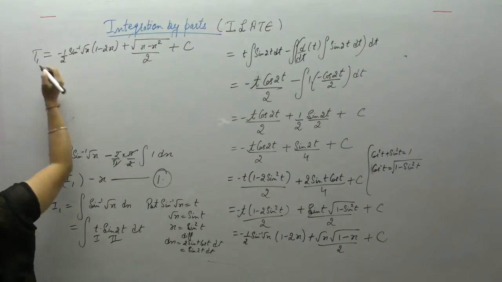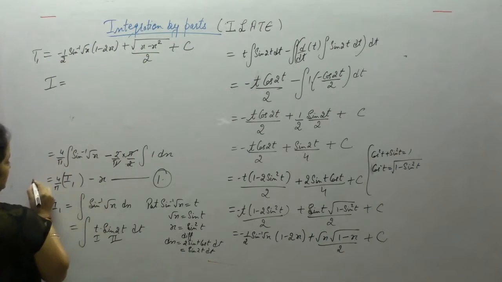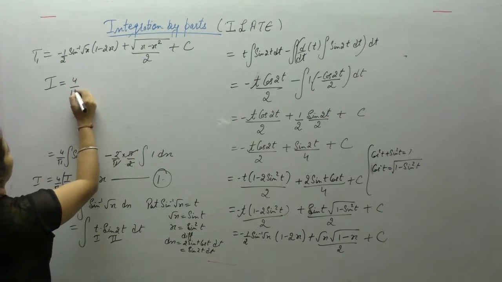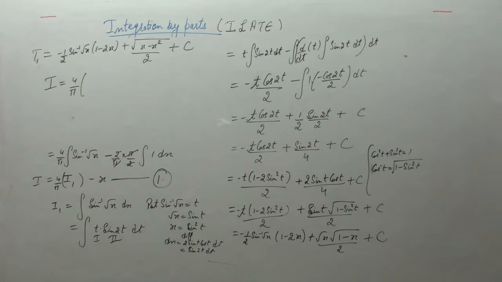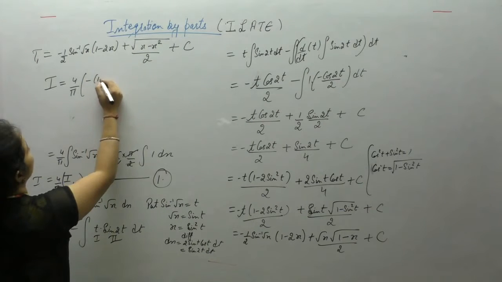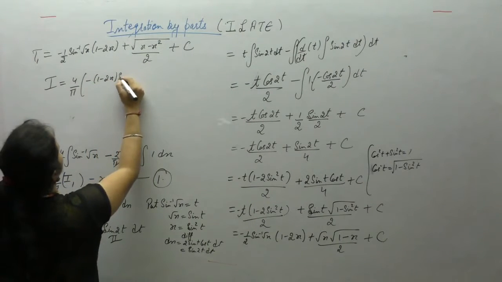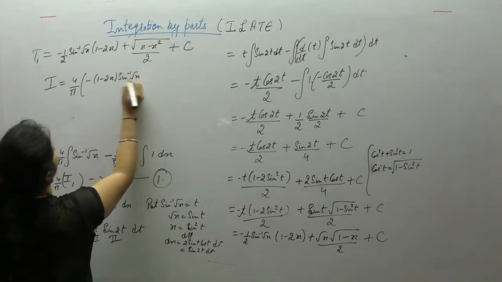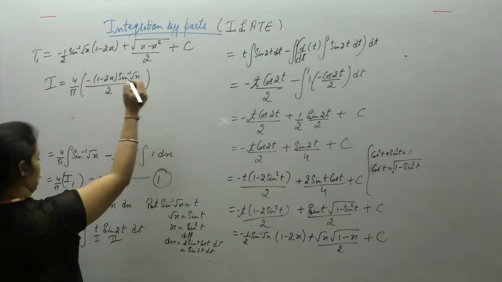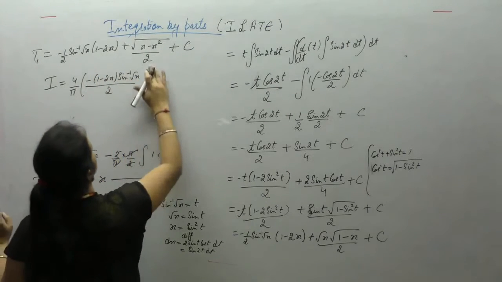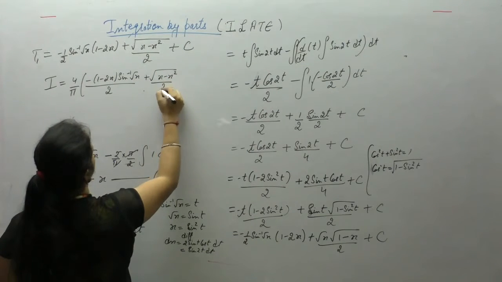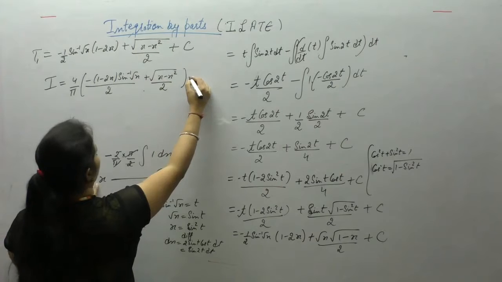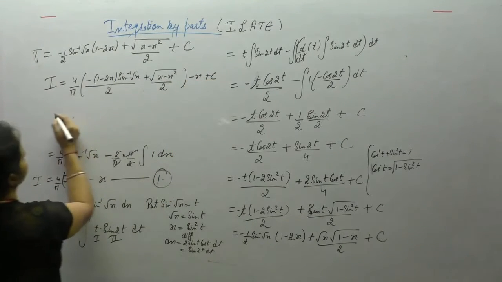Put this value in equation 1, we get I as 4 by pi, minus 1 minus 2x sine inverse square root of x upon 2 plus square root of x minus x square by 2, minus x plus c.